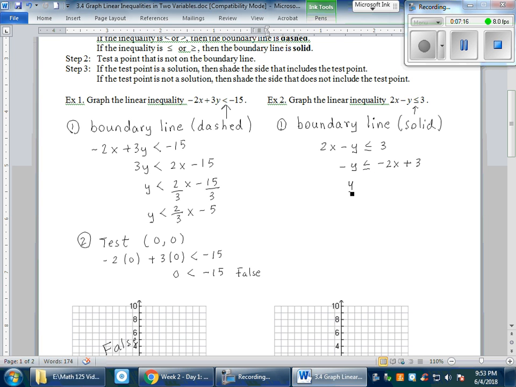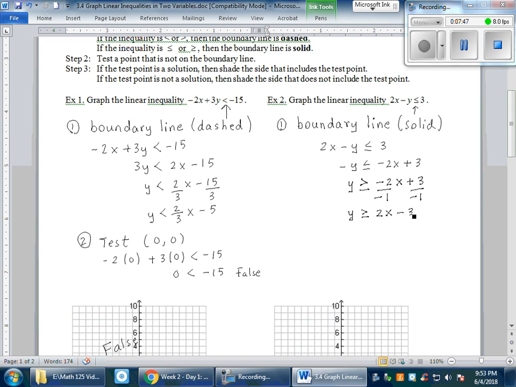Whenever you multiply or divide by a negative number, the inequality symbol switches around. So you have to remember that. Which gives us y is greater than or equal to 2x minus 3.